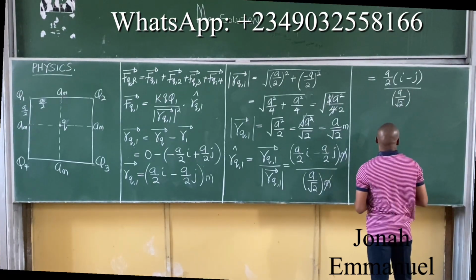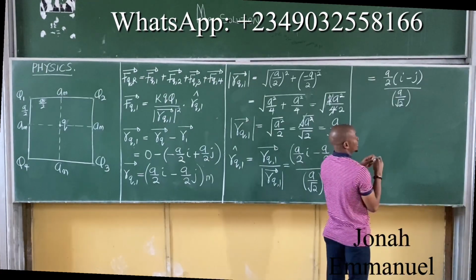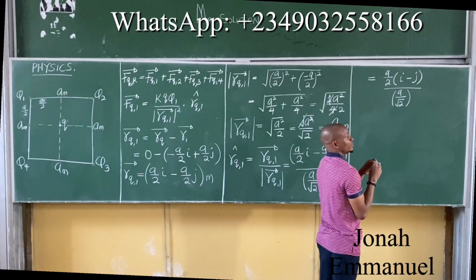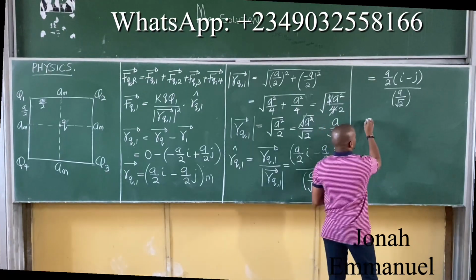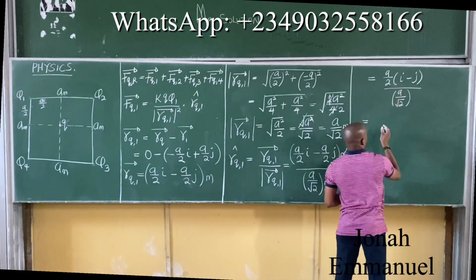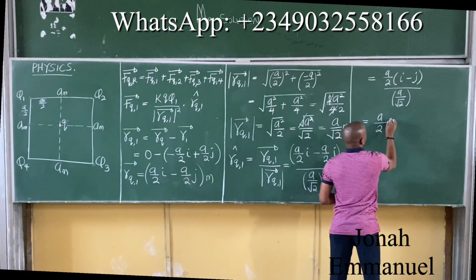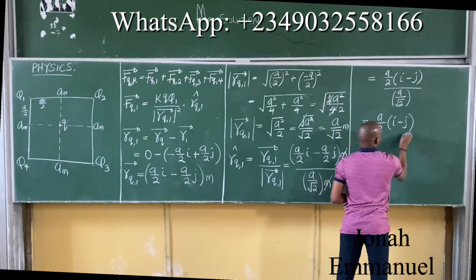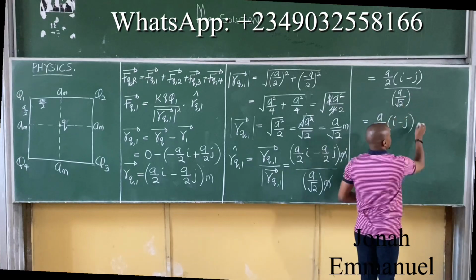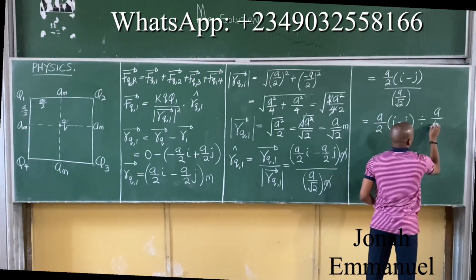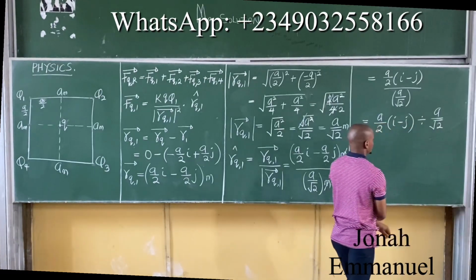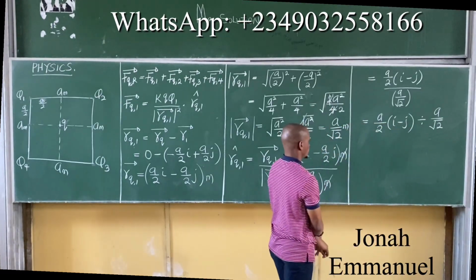So I have this. Let's try this one here in layman's form, just for explanation purposes there. After, I'll skip it. But look at this. This will be equal to A all over 2 into I minus j divided by this one here, A all over root 2.